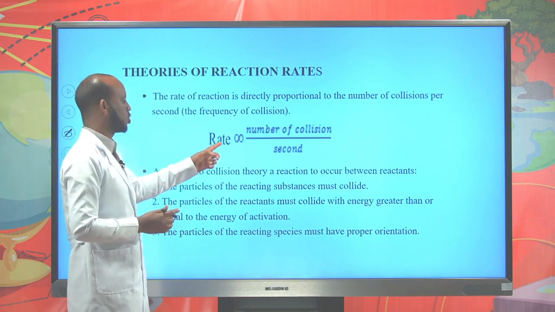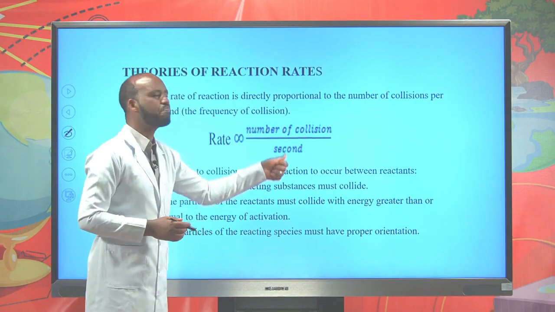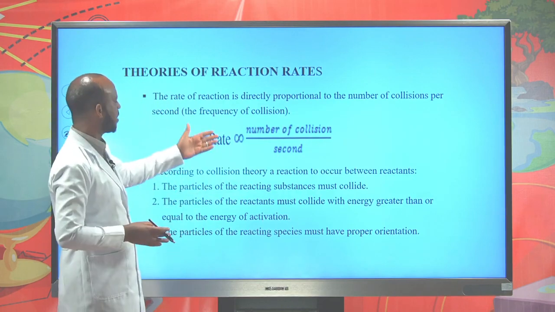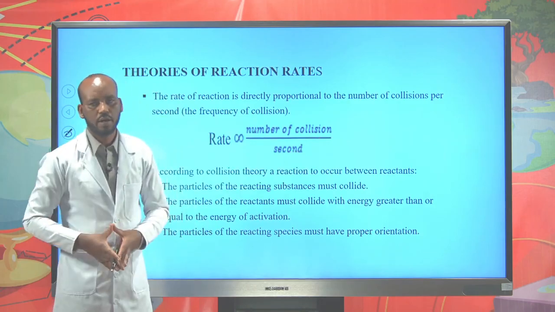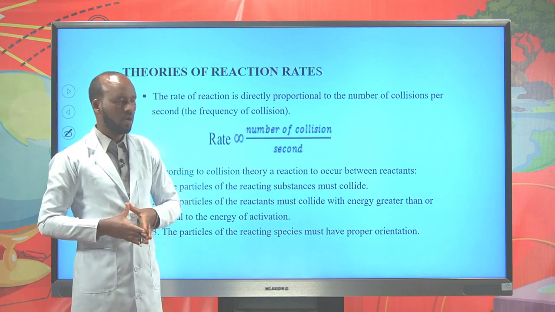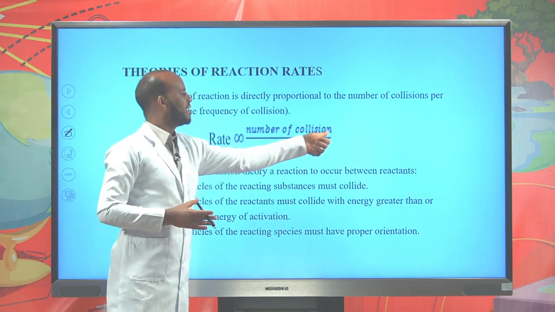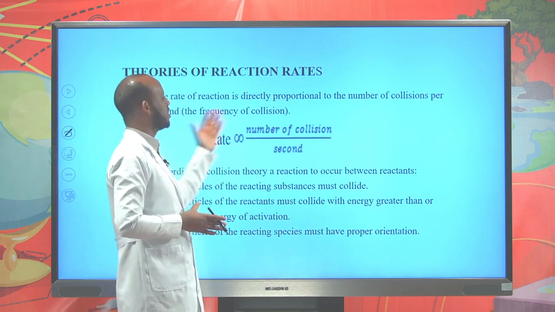Therefore, rate of the reaction is directly proportional to number of collisions per second, or frequency of collision. Number of collisions per second is frequency of collision. More collision between reacting substances, the rate of the reaction is high.